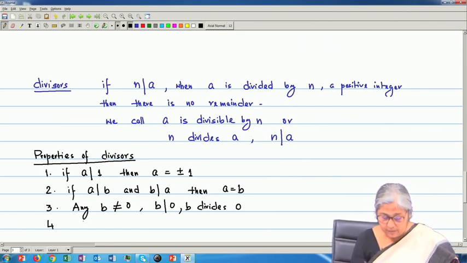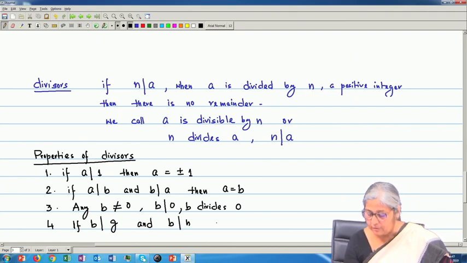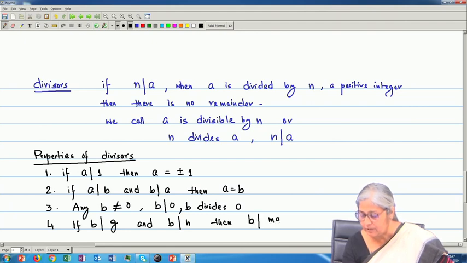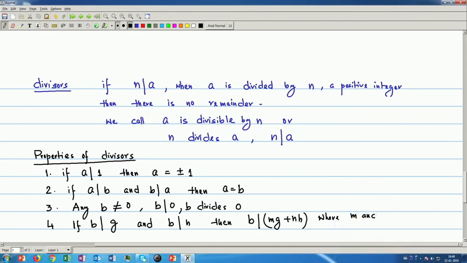And if B divides G and B divides H, then B divides mg plus nh, where m and n are integers.